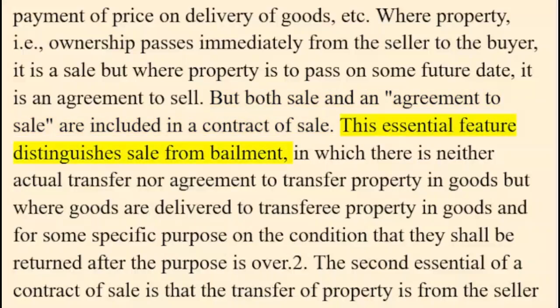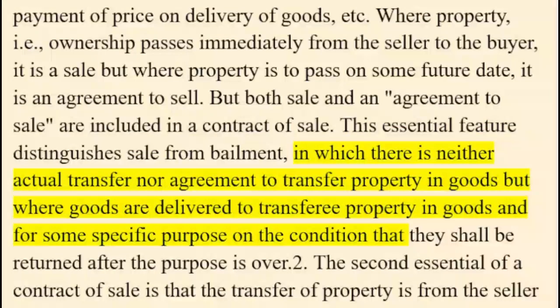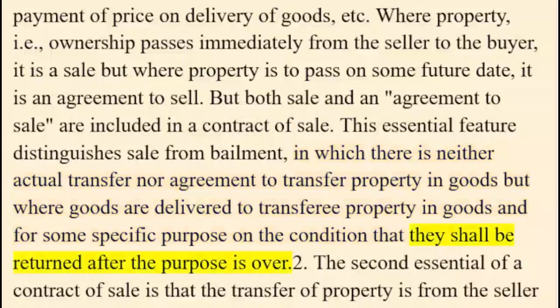This essential feature distinguishes sale from bailment, in which there is neither actual transfer nor agreement to transfer property in goods, but where goods are delivered to the transferee for some specific purpose on the condition that they shall be returned after the purpose is over.